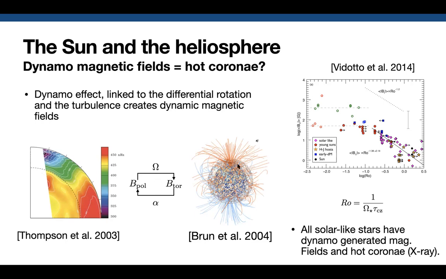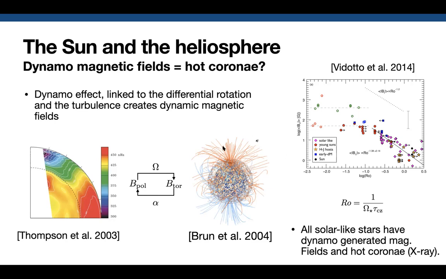What it means is that when you have poloidal field, because of the differential rotation, you will create a toroidal field from the poloidal field. And then to create poloidal from toroidal field, you need what is called the alpha effect, which is essentially due to convection and turbulence. So there's already turbulence inside the envelope of the sun. And I'm going to talk about turbulence in the solar wind right after that.